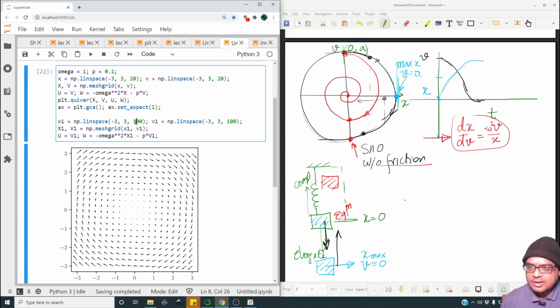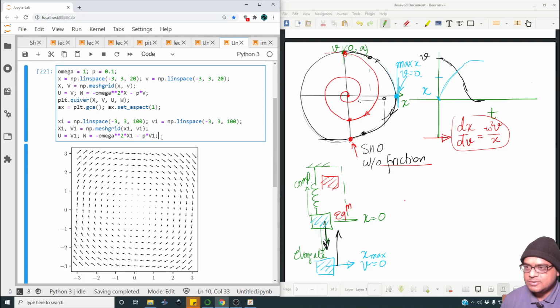On the other hand, for things like the iso contour or this particular streamline that we're going to plot, I want a refined mesh so that the curves appear to be smooth. That is the only reason why I'm using two different sets of meshes. Okay, there's no other reason. I could have very well used the same mesh.